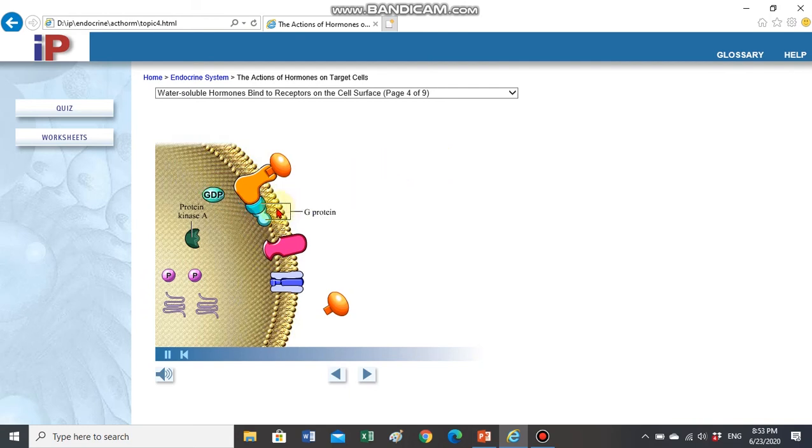The response of the cell ends when cyclic AMP is degraded to AMP in a reaction catalyzed by the enzyme phosphodiesterase. While active, G proteins keep stoking the pathway to phosphorylation of cellular proteins so that huge numbers of them are produced. This phenomenon, called amplification, greatly increases the effect that a single molecule of a hormone can have on a cell. To view the animation again, drag the hormone to the receptor.